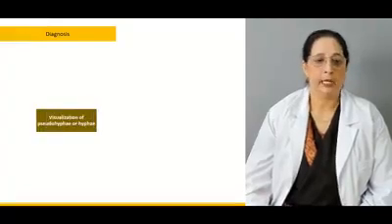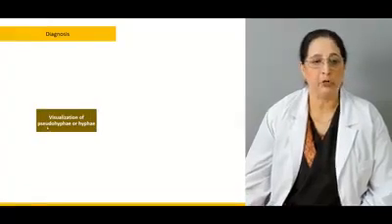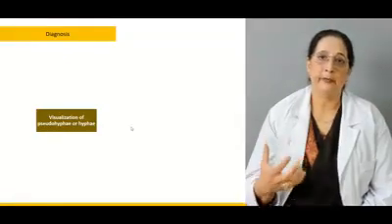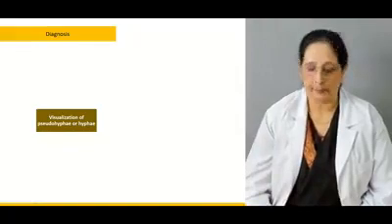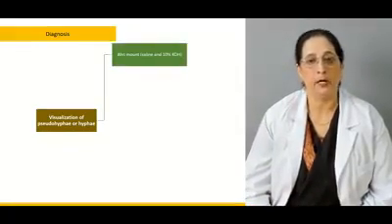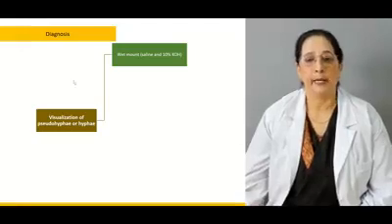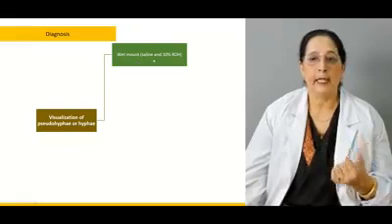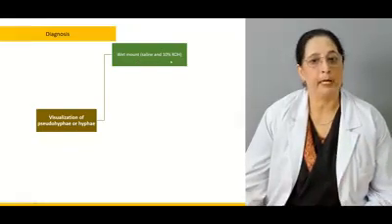Diagnosis: we have visualization of pseudo-hyphae or hyphae. That's a very specific diagnostic factor if we see the pseudo-hyphae or hyphae. This is by wet mount preparation, saline and 10% potassium hydroxide.